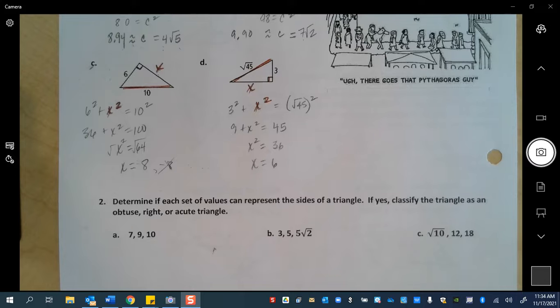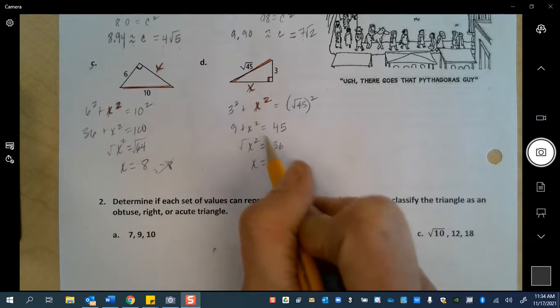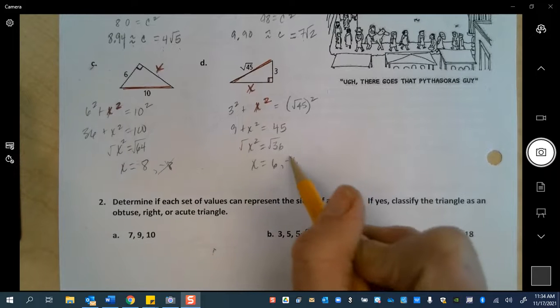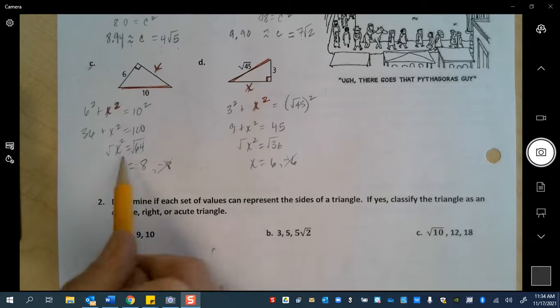The geometry people are like, yeah, but the negative one is always extraneous. But we still have to think about it and consider it and be like, nah, he's not going to work for us. So that's the better way of doing this. When I take the square root of each side, true story, positive, negative, this is an extraneous solution.